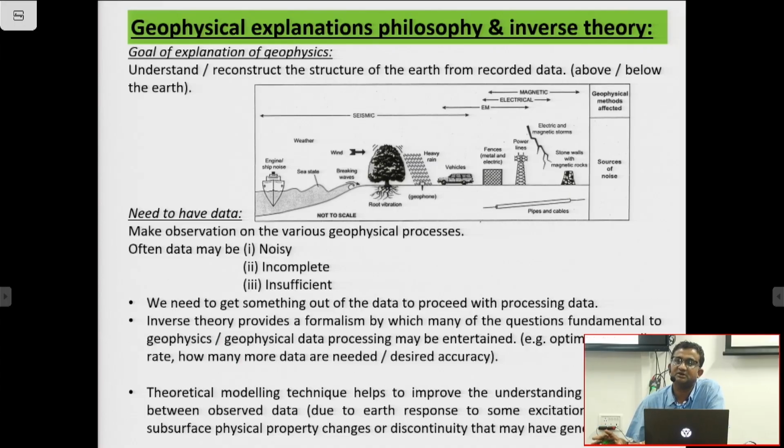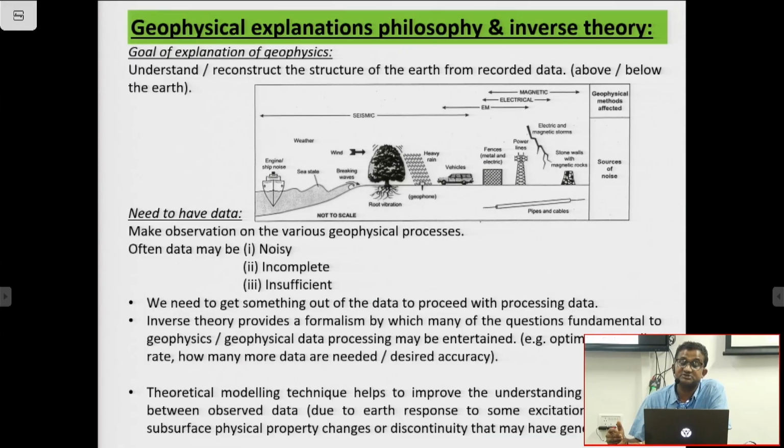It may also be noise generated when we are handling the instrument, by the person who is operating it. So noise is an integral part. No data can be noise-free, and in fieldwork we see that the role of noise is there. That is one part that has to be addressed in a different way.